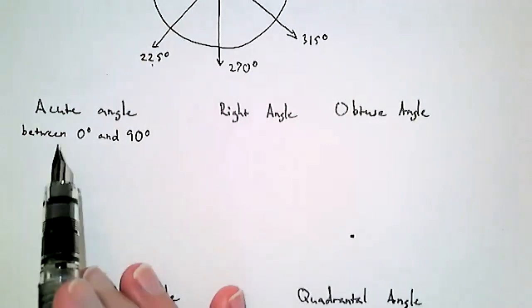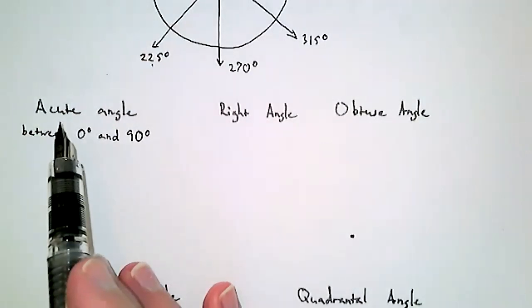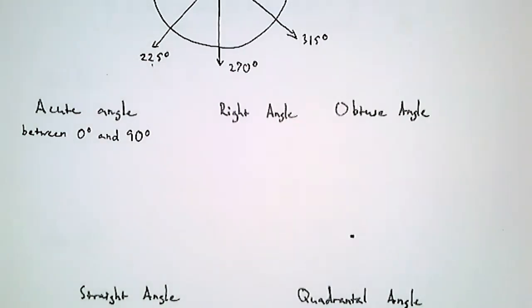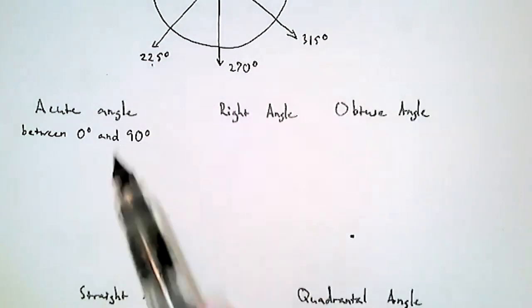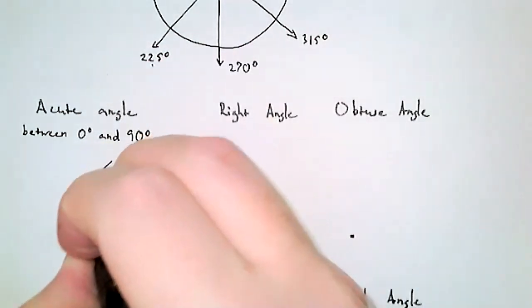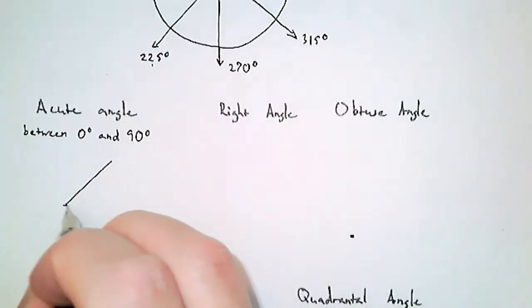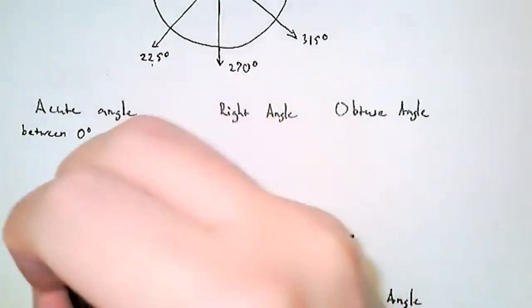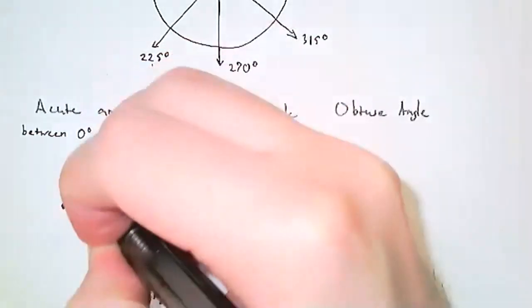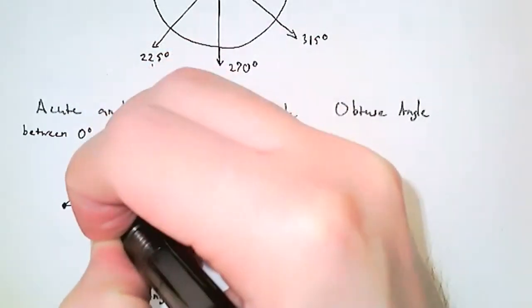So if you want to figure out a way to remember them, cute is, we usually think of something like a puppy or a kitten is cute and it's little, and there's small angles between 0 and 90. So here's an example. This one is about 30 degrees.